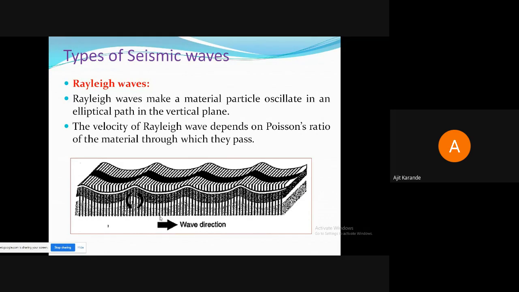The velocity of the Rayleigh waves depends on the Poisson's ratio of the material through which they pass. As far as the velocity is concerned, it depends on the Poisson's ratio of the materials, in the sense of the strata of that particular crust, mantle, or core portion.